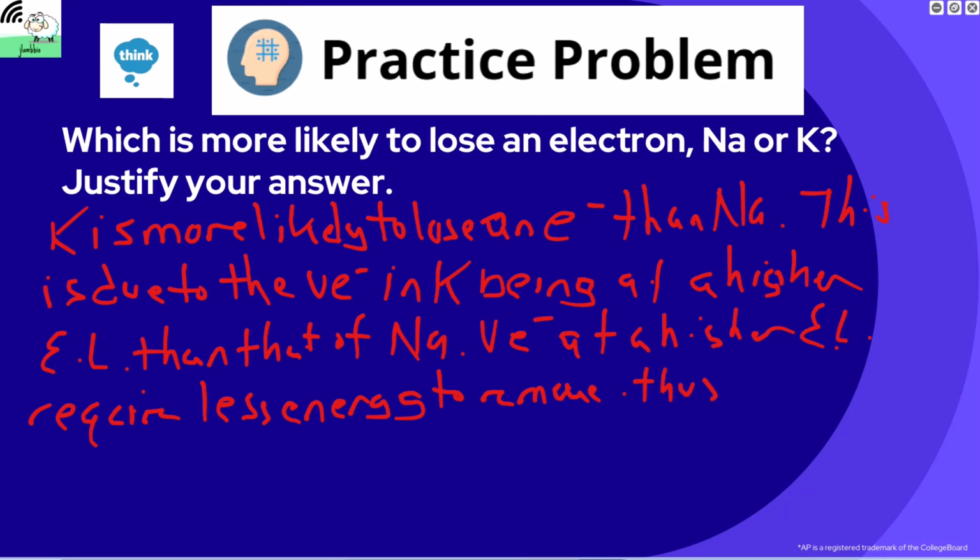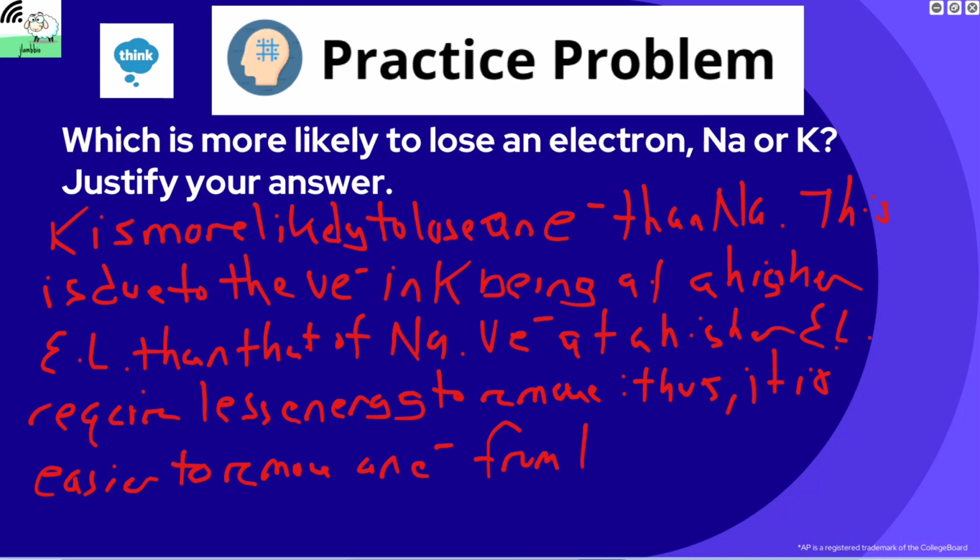Thus, it is easier to remove an electron from K than Na.